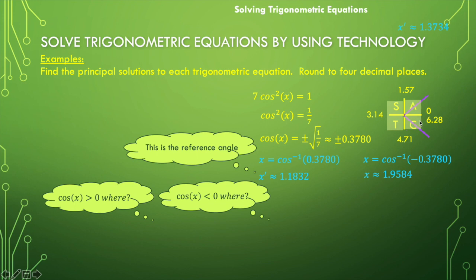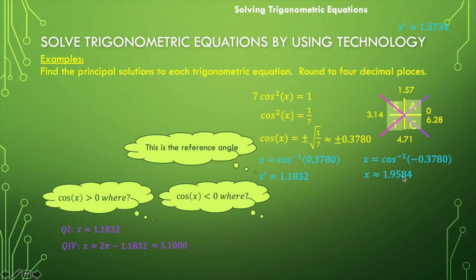How would we find this measure? We're going all the way around here, not quite to 2 pi, so this is going to be found by 2 pi minus this 1.1832. That's going to give us a value of 5.1000. All right. Now let's think about where cosine is negative. We already have something for this, right?